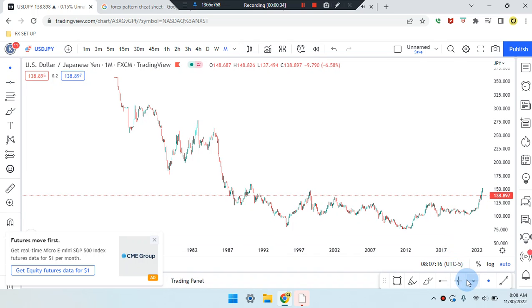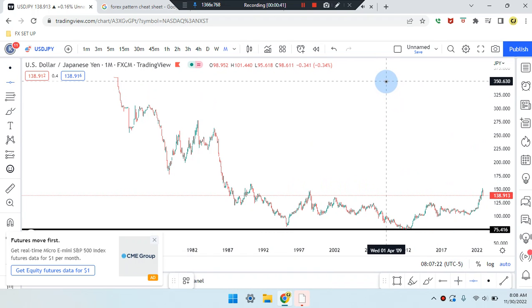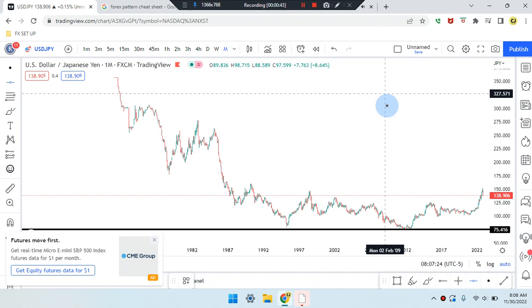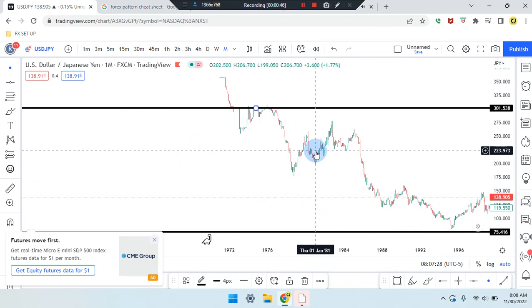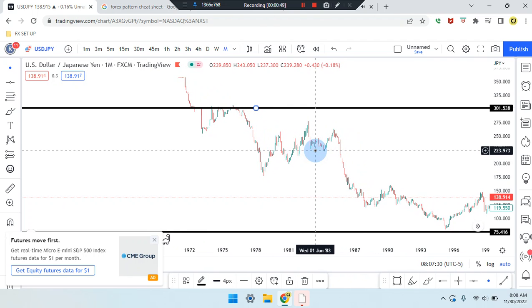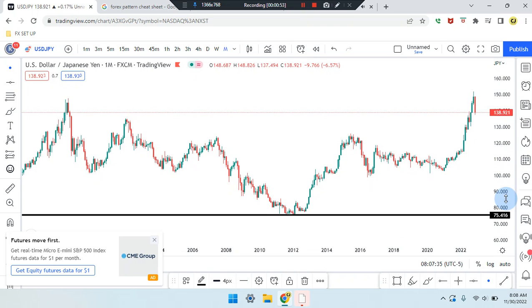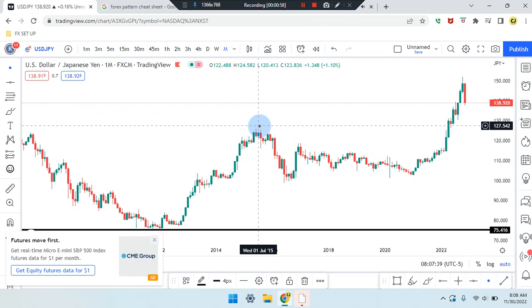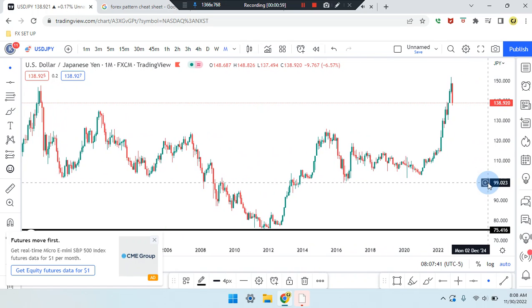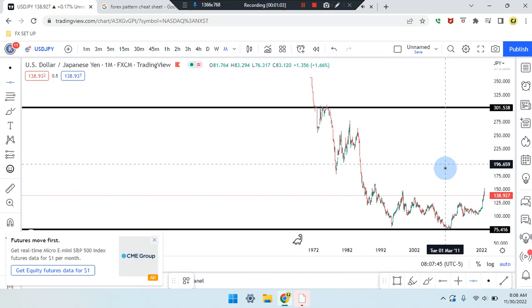We do have price action overall, lower lows. Price action overall, higher highs. Midpoint.